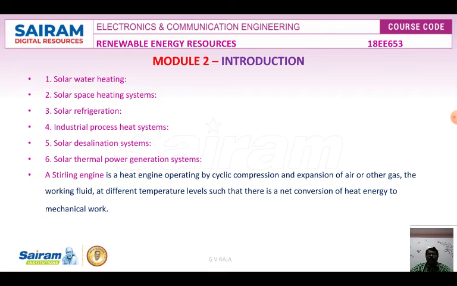The major component of any solar system is the solar collector. The solar collector absorbs the incoming solar radiation and converts it into heat, then it transfers the heat to the fluid, either water, ammonia, propane, or oil, which is flowing through the collector.